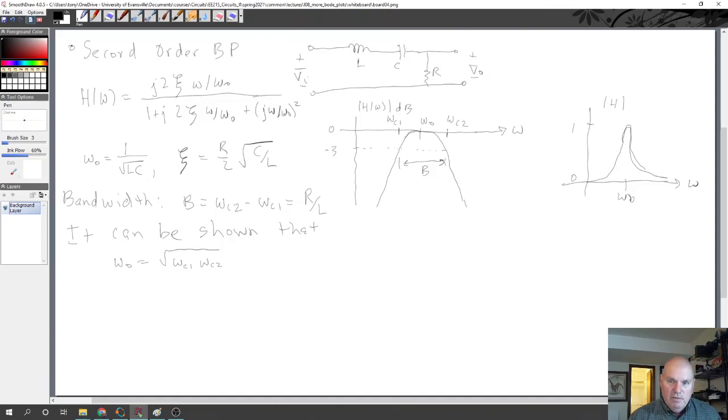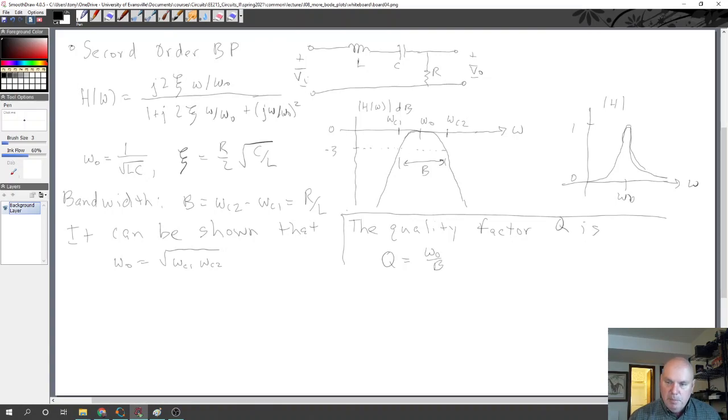So another way, instead of using the bandwidth to classify circuits, they may also be classified by what's known as the quality factor, or Q, of the circuit. Q is equal to omega 0 over the bandwidth.